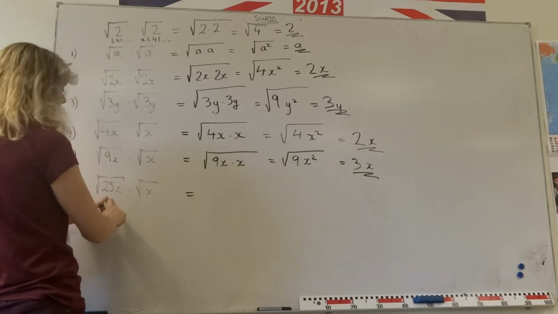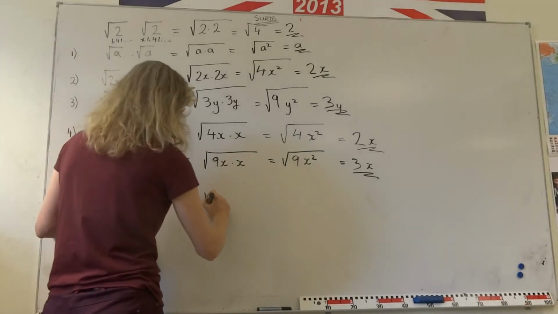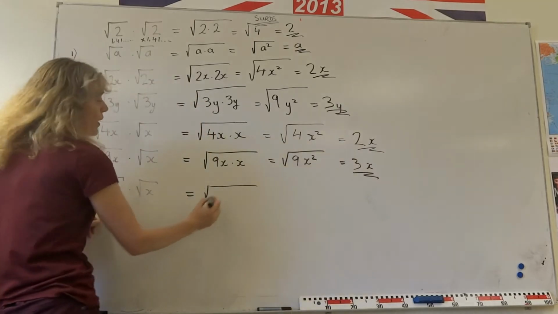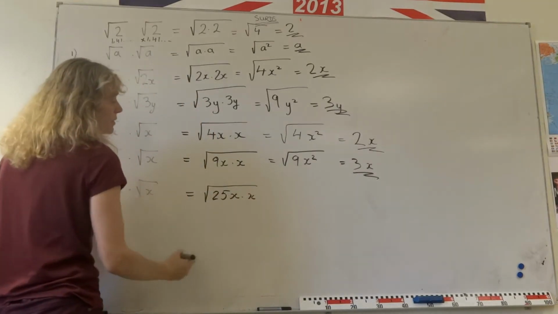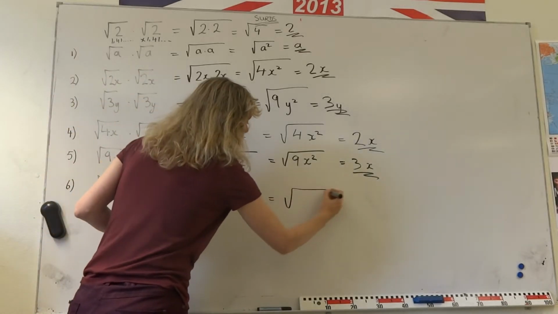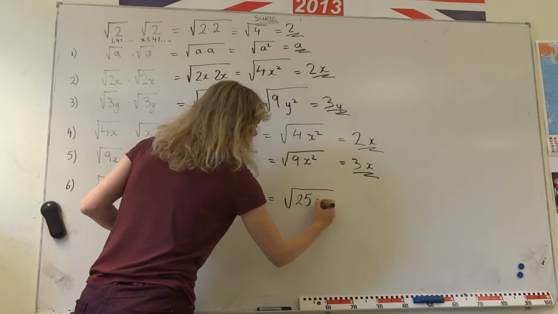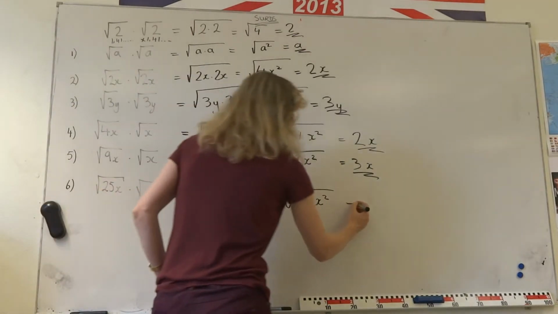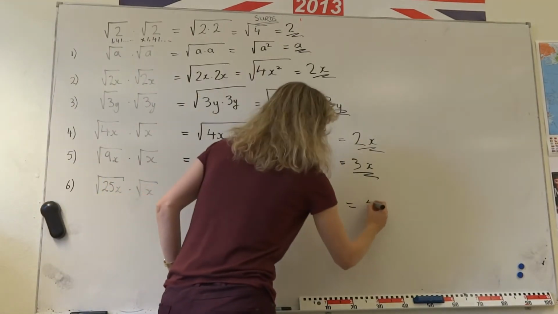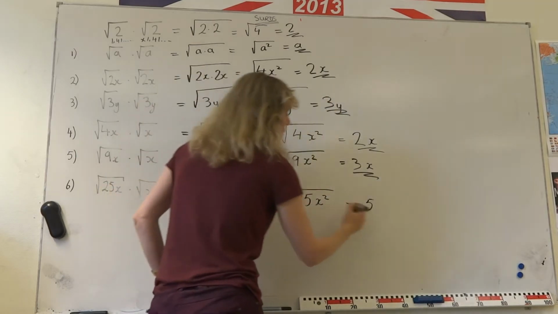The square root of 25x times the square root of x is the same as the square root of 25x multiplied by x, which is the same as the square root of 25x squared, which is 5, since the square root of 25 is 5, and the square root of x squared is x.